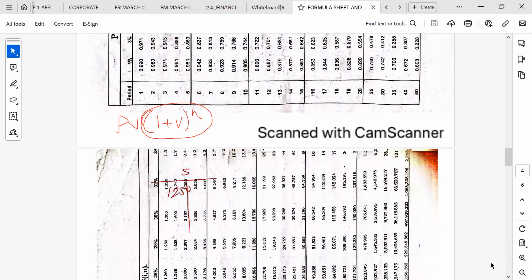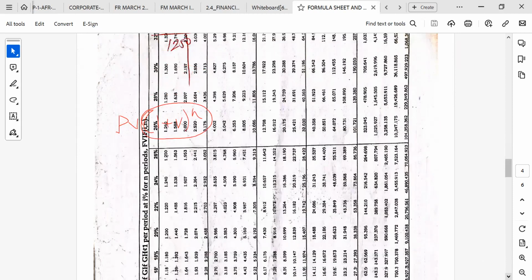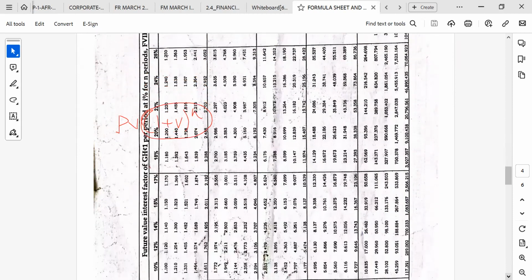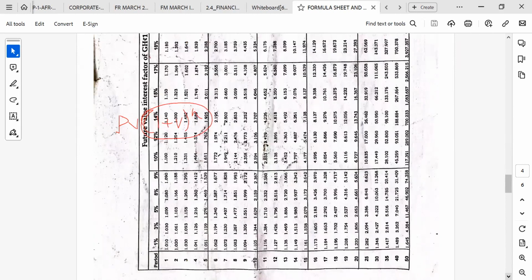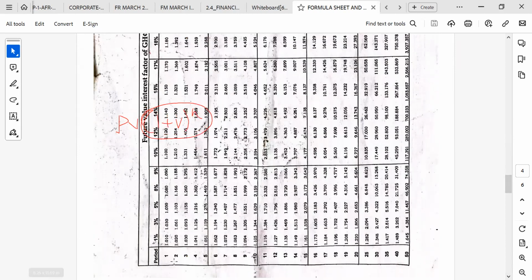So that is for the second formula, the future value of 1. So if you have something like this, 1 plus r exponent n, let's assume that r is 10%, so you'll have 1.1 exponent 5. Someone should do this on the calculator and approximate it to 3 decimal places. Then we compare with the one on the table here.